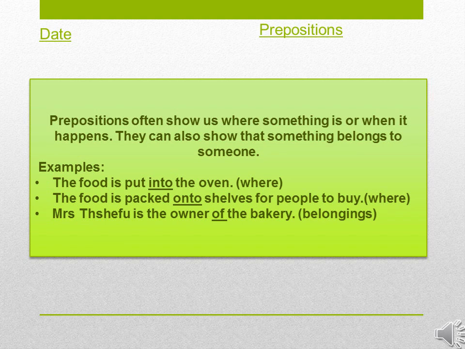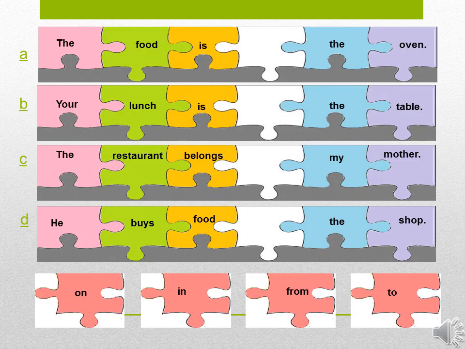Copy this table in your book. You may copy this block with colored pens. You will now be completing a puzzle. You will see at the bottom you have prepositions on, in, from, and to, and you will complete the puzzle by using these puzzle pieces to fit them in the correct sentences.